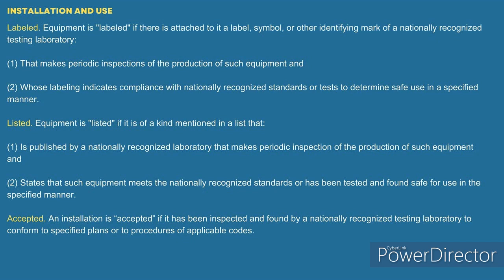And listed means it's been published by a nationally recognized testing laboratory that makes periodic inspections of the production of such equipment, and it states that such equipment meets the nationally recognized standards or has been tested and found safe for use in a specified manner. That's interesting because what we're saying at this point is that if I put an AC unit out there, it's been tested to say it's safe out in that environment.